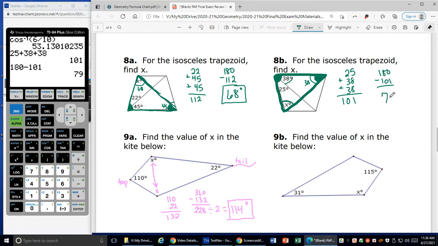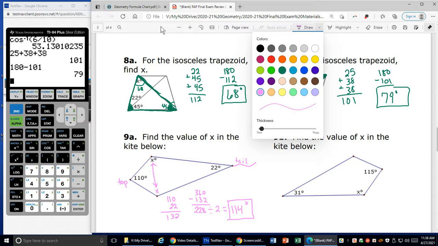I have 79 degrees left for that bottom angle. So this whole angle, my 25 plus my 38, this angle and the third angle together have to make 180 degrees. Okay, let's look at 9B.